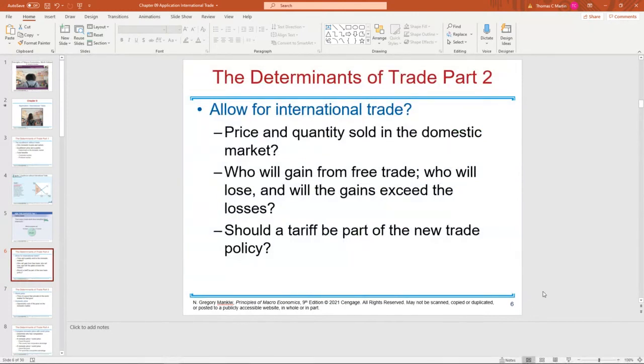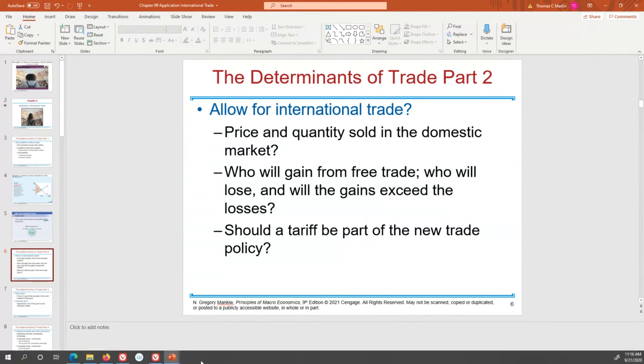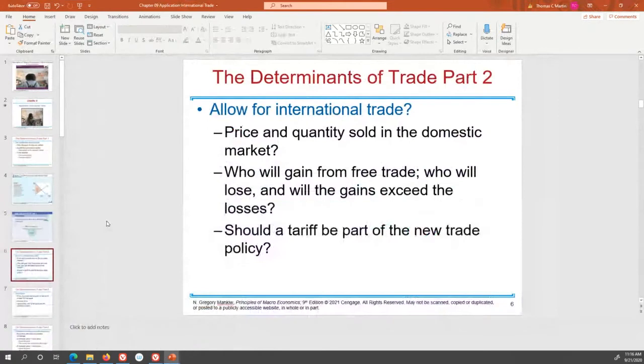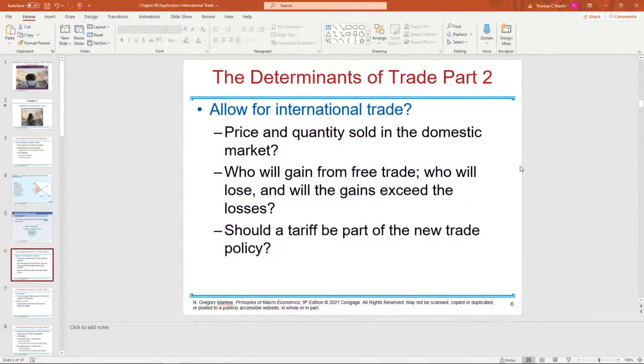Now, just like we saw with those graphs, we're looking at a situation where the world price is above the equilibrium. That'll determine how many units will be sold in the marketplace.